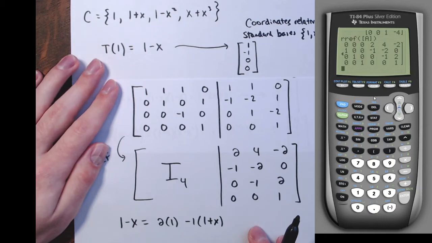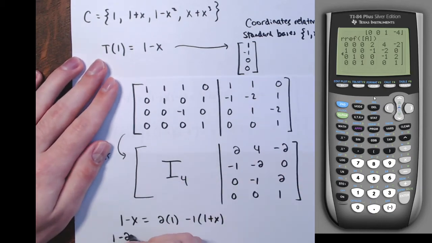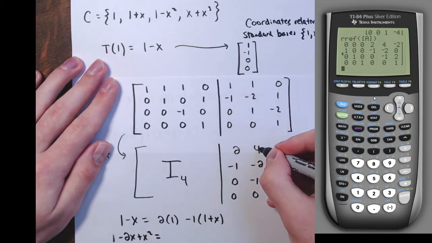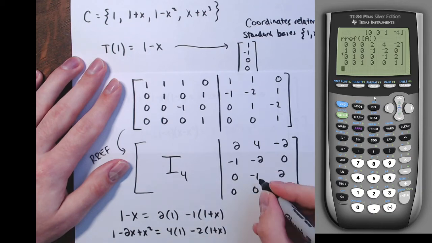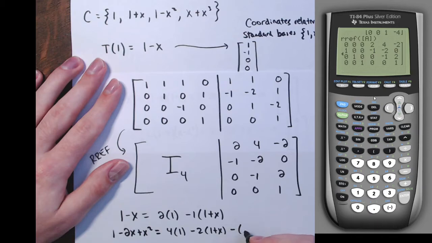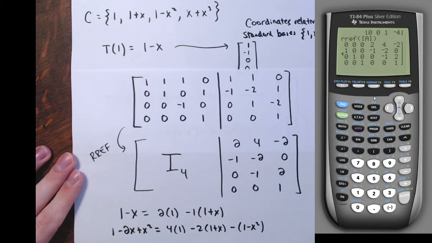And yeah, this works. Then the second column means that 1 minus 2x plus x squared is 4 times 1 minus 2 times 1 plus x minus 1 times 1 minus x squared, and then plus nothing. And again, check that. And this works out too.